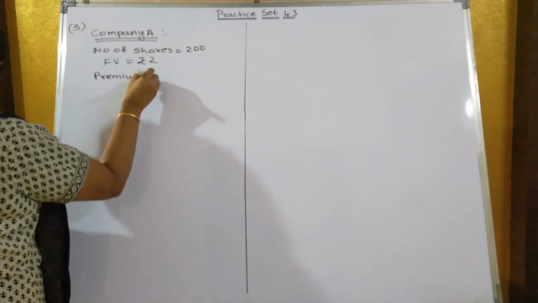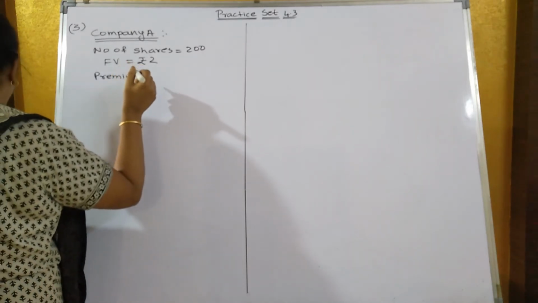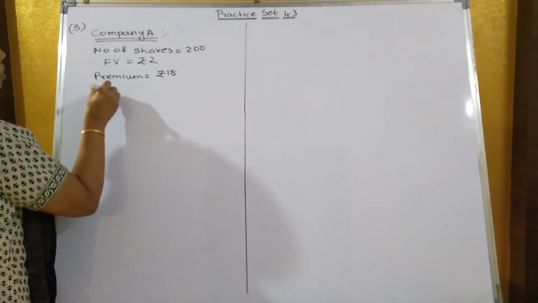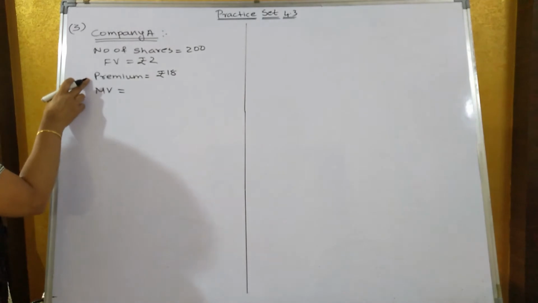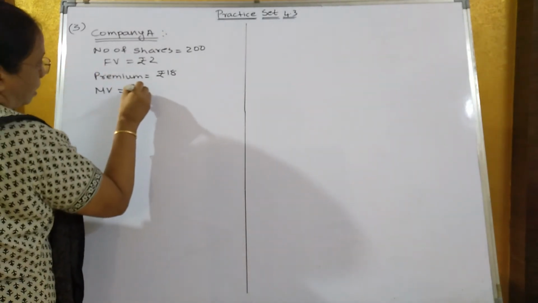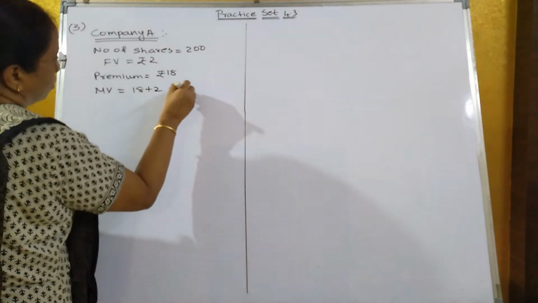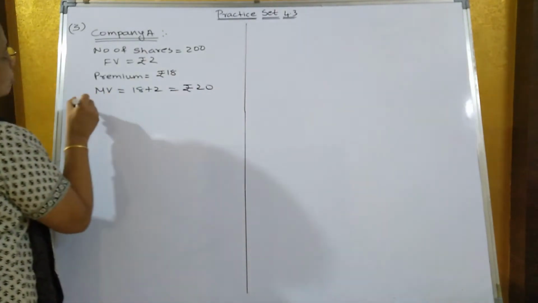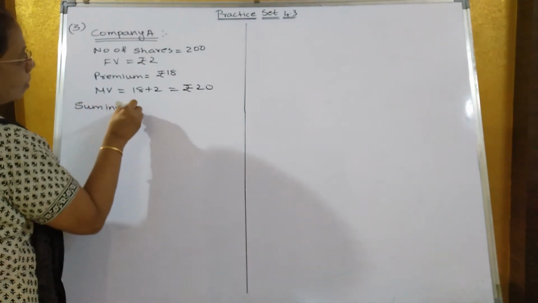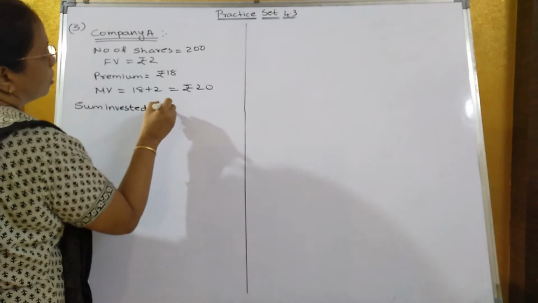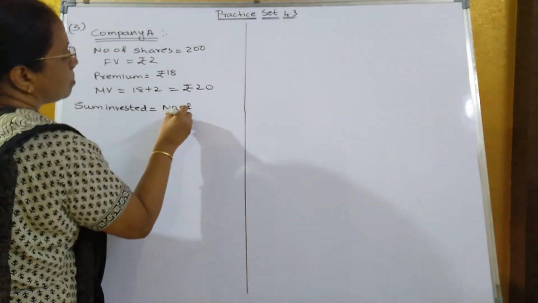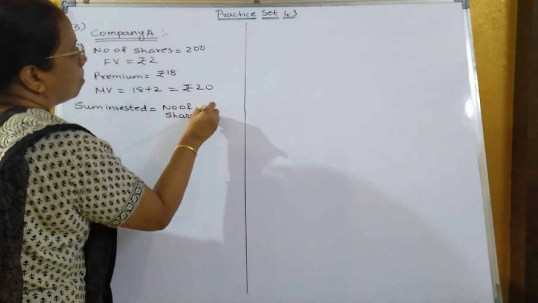Premium is equal to rupees 18. So market value will be what? We know that if premium is given, then market value has to be greater than face value by how much? 18 plus 2, that's equal to rupees 20. So sum invested is equal to number of shares into market value.